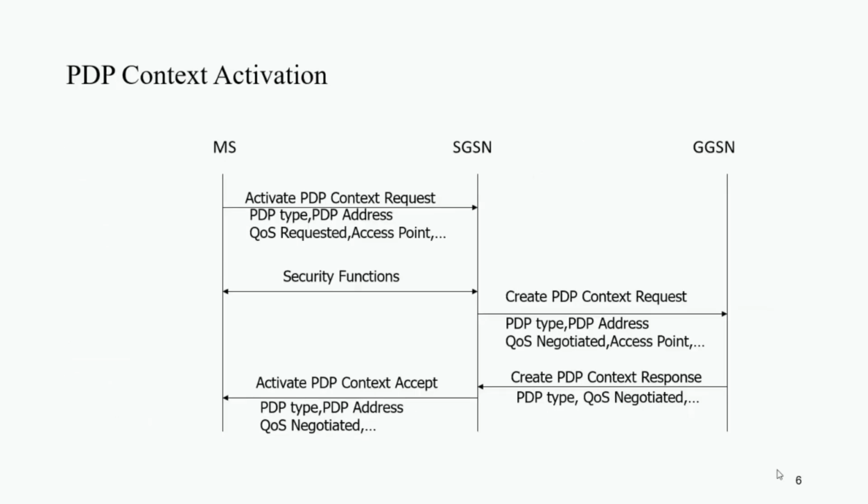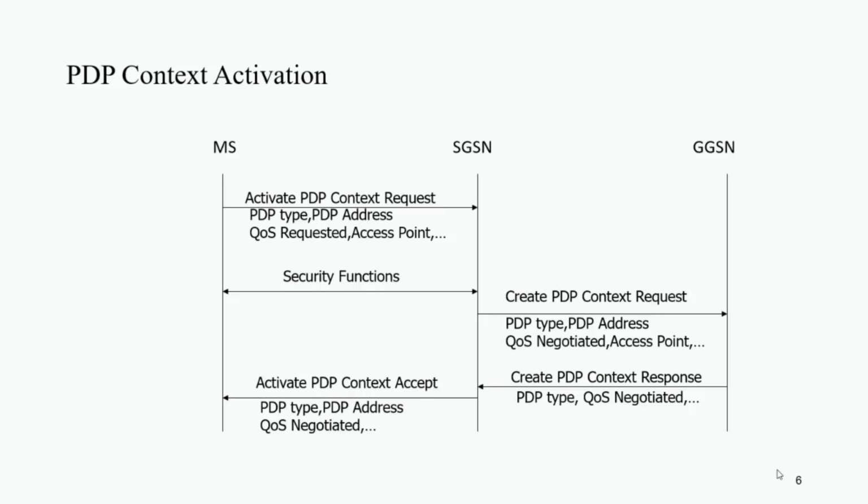You can see in this slide that first the mobile station sends a context activation request to the SGSN, and the PDP context contains information: PDP type, PDP address, quality of service request and access point, which is the gateway. Then the SGSN exchanges authentication messages with the MS. The SGSN authenticates whether the MS is a valid mobile station or not.